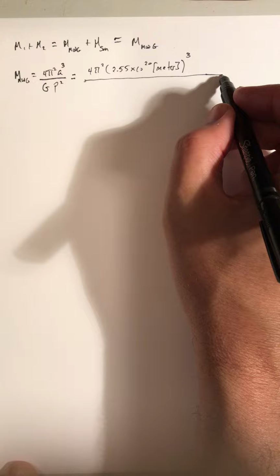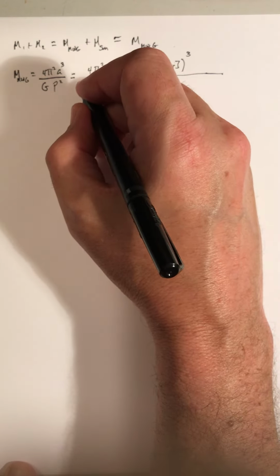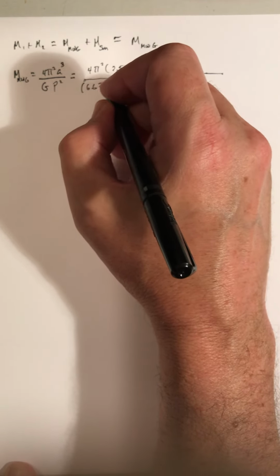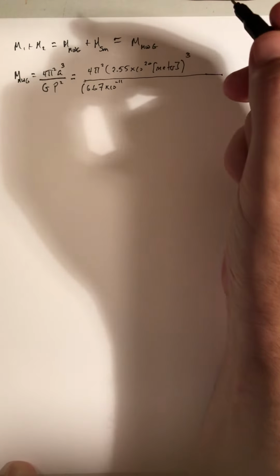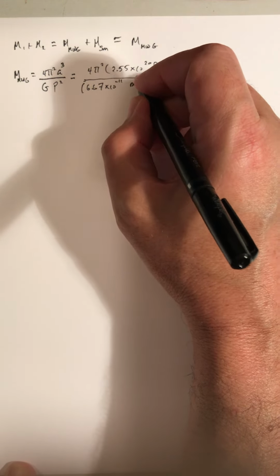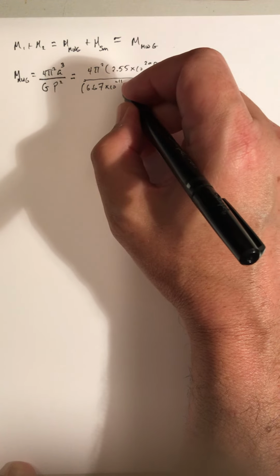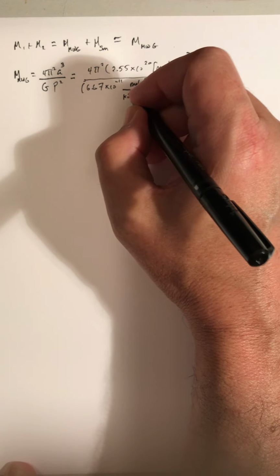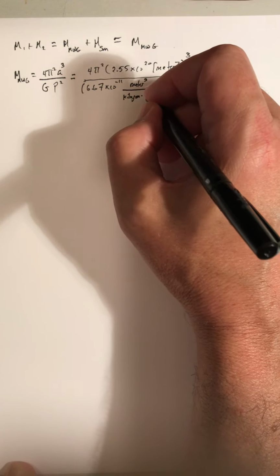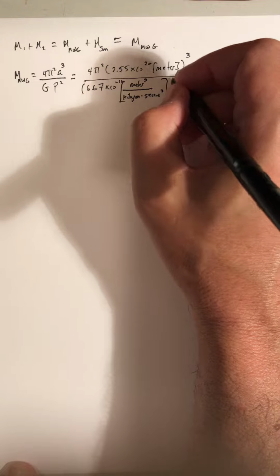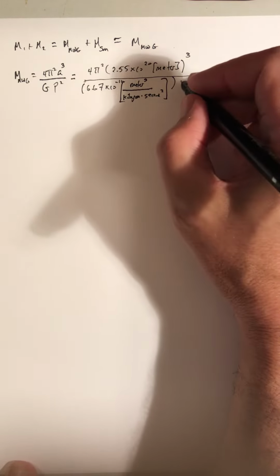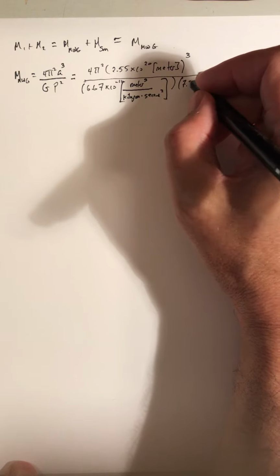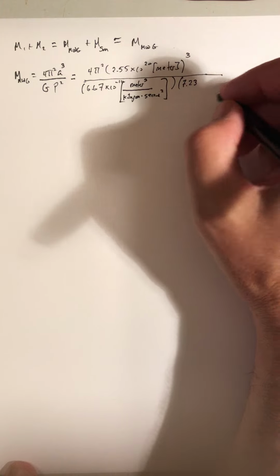And then downstairs, we've got universal constant of gravitation, 6.67 times 10 to the minus 11 meters cubed over a kilogram second squared. And we need to have the period squared in the denominator, 7.23 times 10 to the 15th.